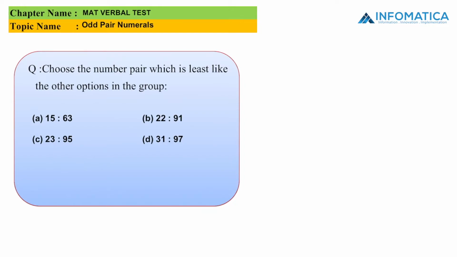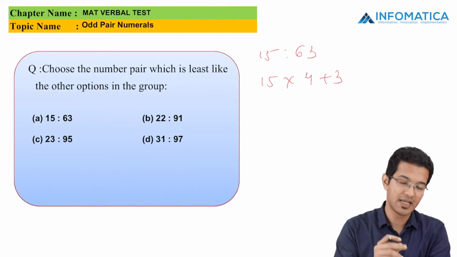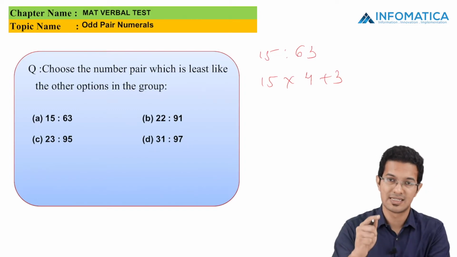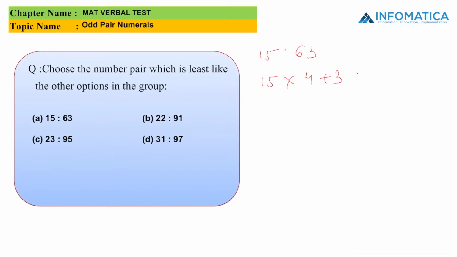It says 15 is to 63. So if we break this, we can say that 15 into 4 is giving you 60 and 60 plus 3 is giving you 63. So we have already seen such kind of patterns.